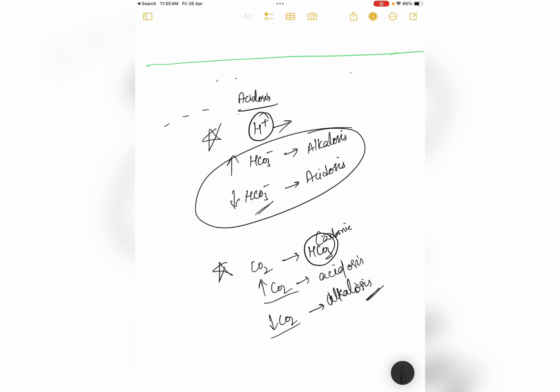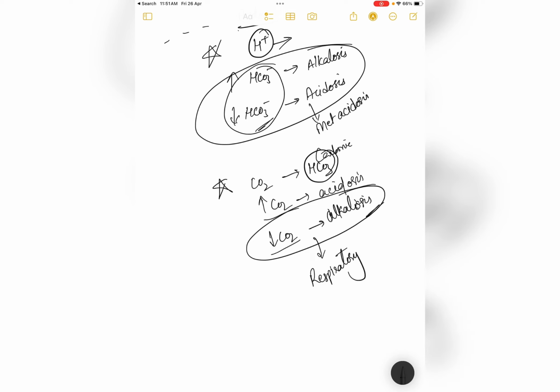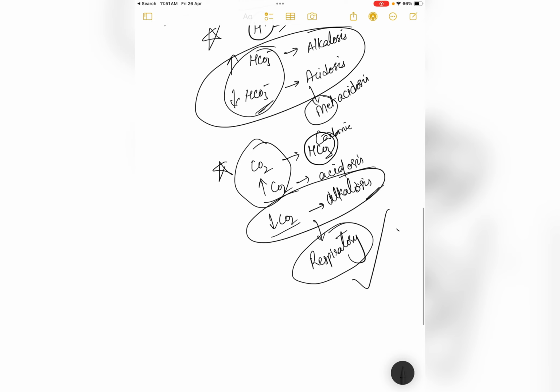If the acidosis is due to low bicarb, then it is metabolic acidosis. If the alkalosis is due to low CO2, then it is the respiratory component. HCO3 contributes to the metabolic component, CO2 contributes to the respiratory component. This is the basic thing which you have to know before learning ABG.